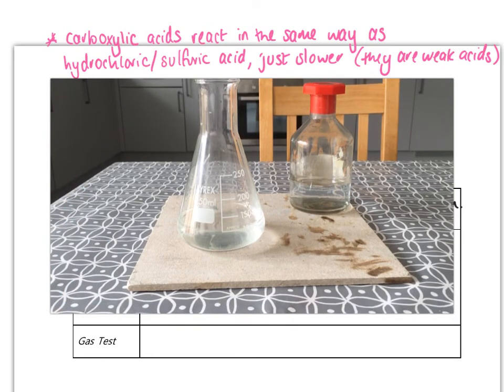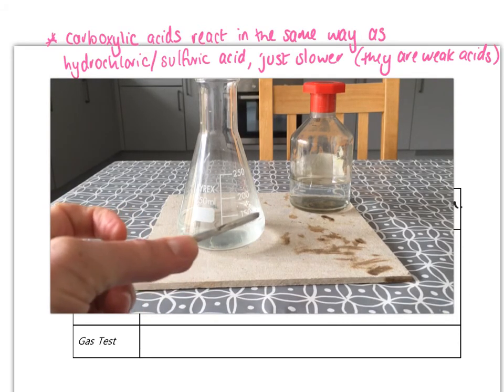So in my conical flask, in my bottle here, I have ethanoic acid, which you can see just looks like any other acid, hydrochloric acid or sulfuric acid. It's a colourless solution. So let's see what happens when we add our strip of magnesium.